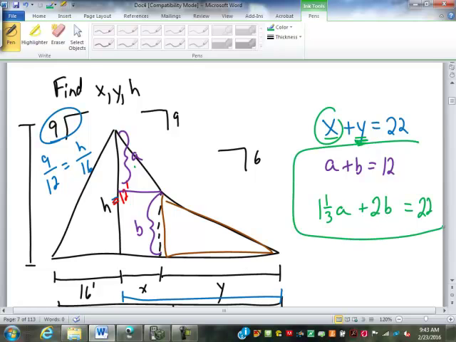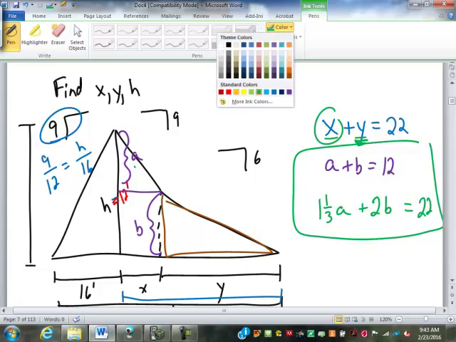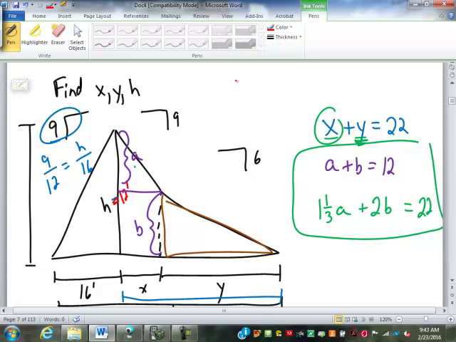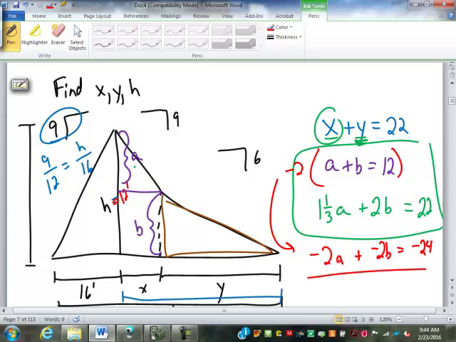So now I have this system of equations, two variables. I'm going to multiply the top equation by a -2. So that's going to give me -2a plus -2b equals -24. Any questions where that red equation came from? Just took this one times the -2.